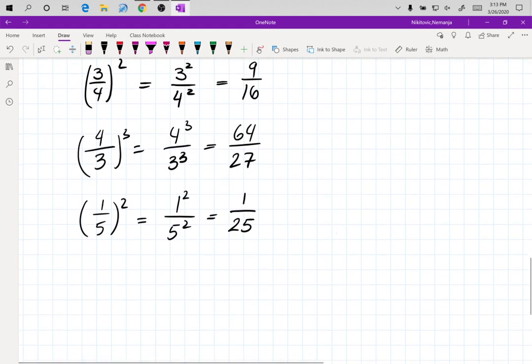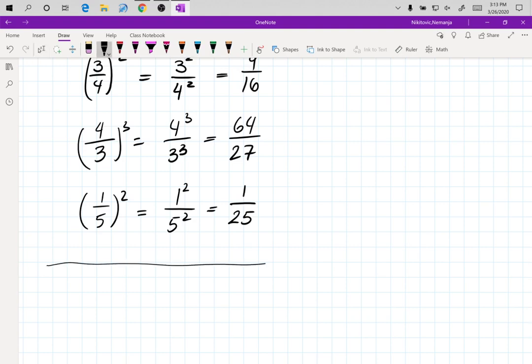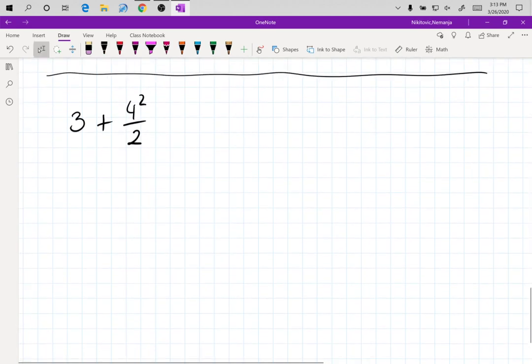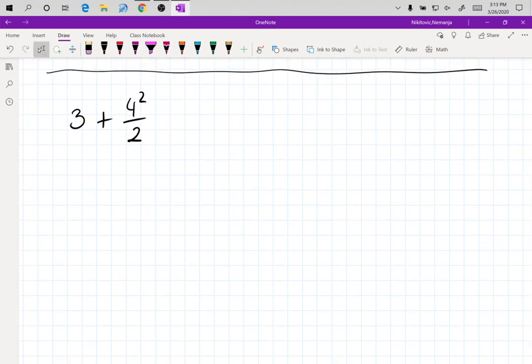All right, so now we can combine these problems into the problems they are asking us to work out as exercises. So they would like us to compute 3 plus 4 squared over 2. Now this is where PEMDAS comes in.